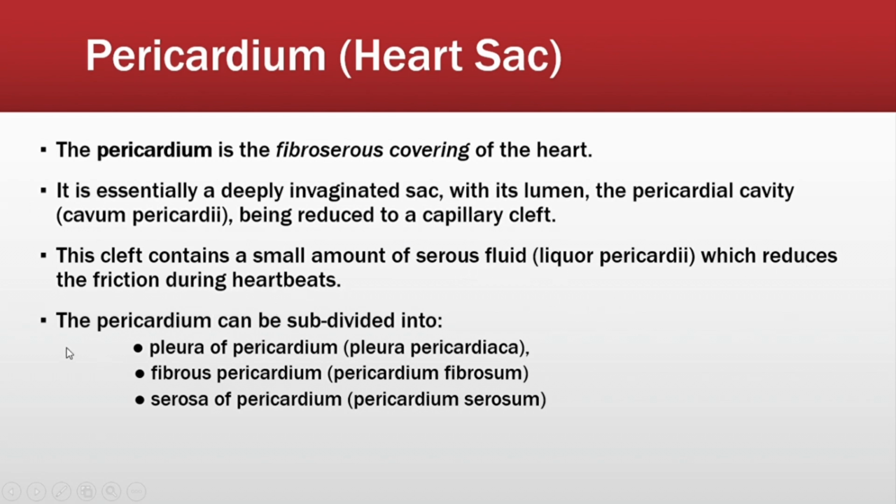The pericardium can be subdivided into pleural pericardium, fibrous pericardium, and serous pericardium. So the pericardium is mainly divided into fibrous and serous layers, but it can be subdivided into pleural, fibrous, and serous pericardium.